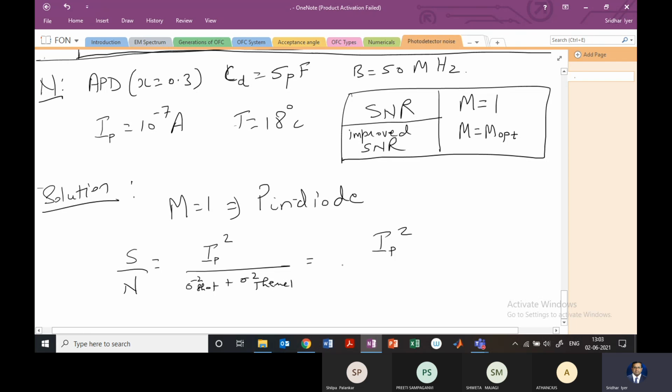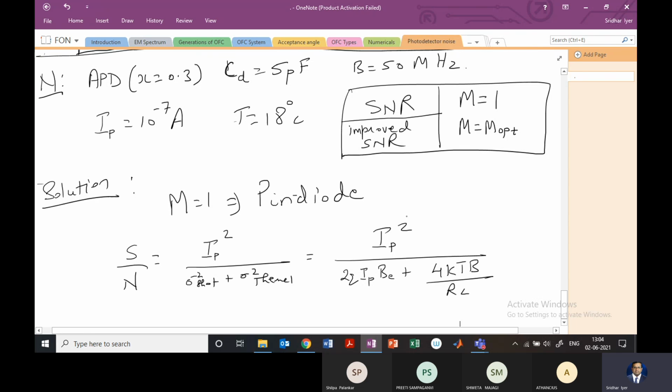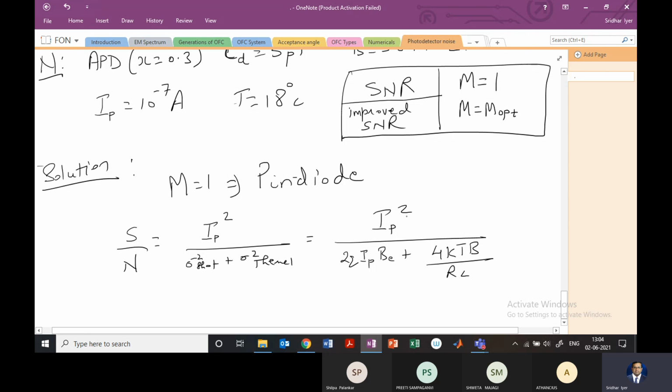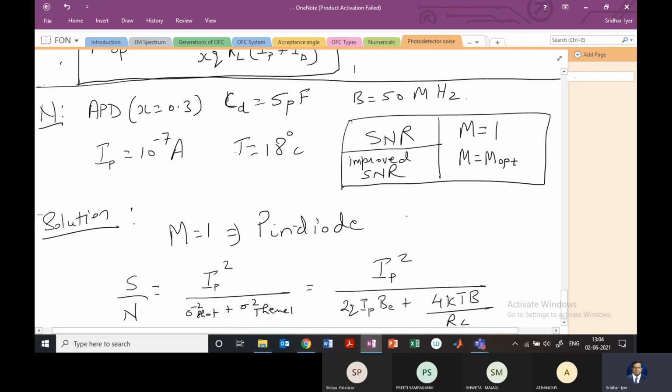You are given the value of IP. Sigma square shot is 2q IP into BE plus sigma square thermal is 4kTB divided by RL, right? So we have the value of IP, we have the value of bandwidth B. The only value which we do not have is RL, but that can be easily found because capacitance is given. So RL is nothing but 1 by 2 pi CD B.